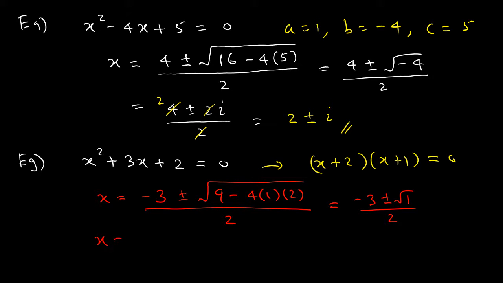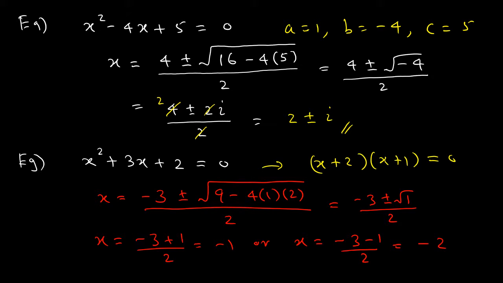If you consider the plus sign, you get negative 3 plus 1 over 2, which is negative 2 divided by 2, so it's negative 1. Or x equals, let's use the minus sign, negative 3 minus 1 over 2, so in this case you get negative 4 over 2, which is negative 2.